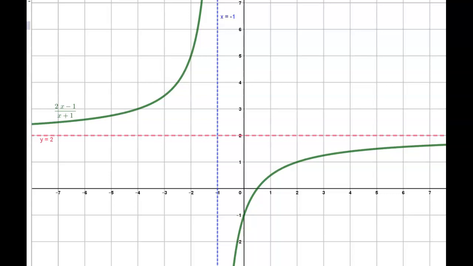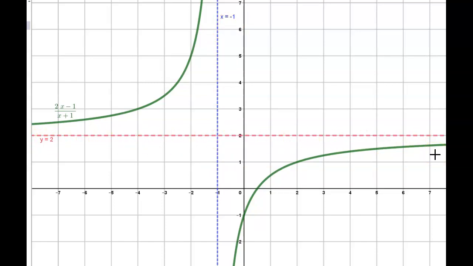You'll notice that there's two parts to it. There's a top part on the left-hand side, and another part to the bottom right-hand side, and they don't seem to be connected. In fact, we have what are called asymptotes: a blue one here, x equals minus 1, and another one, y equals 2.